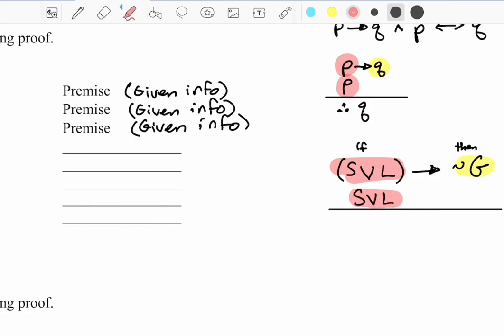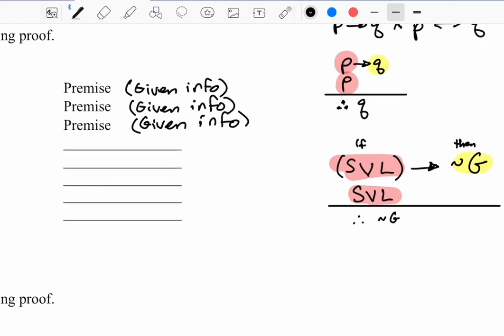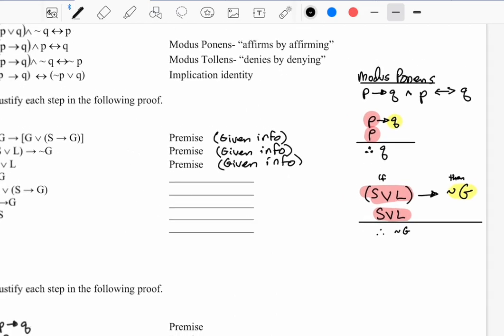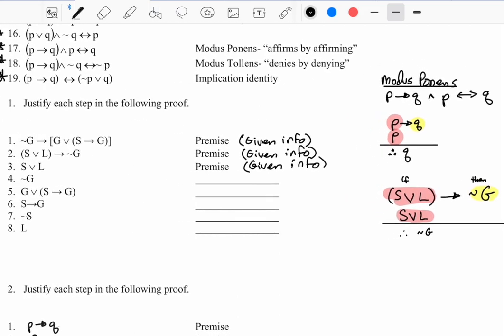We have a matching if in this case too. So we can conclude that not G is going to be true. And by the way, we already knew that because it says it in line 4, but we didn't know why. Now we know why. It's called modus ponens.